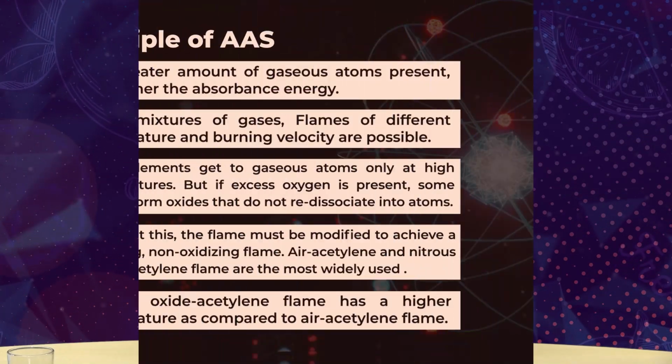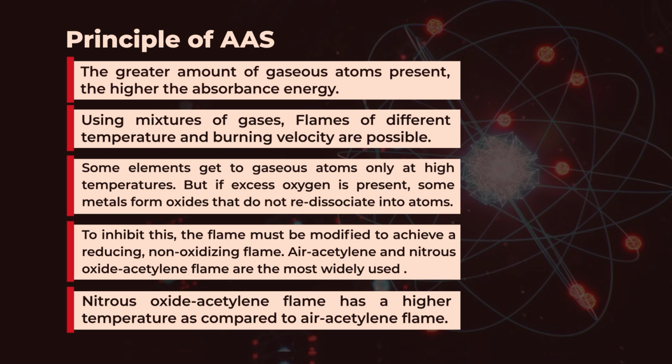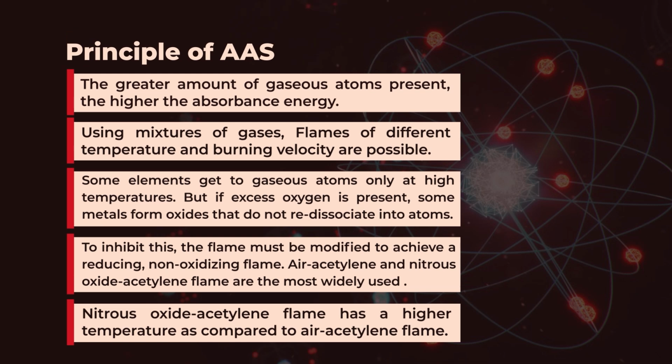So in those cases, the flames are not of one gas. It is always with the reducing gas. And what is the reducing gas? Acetylene gas. So we have a mixture, air acetylene burning, nitrous oxide acetylene burning. With an increase of nitrous oxide, you can achieve higher temperature. A nitrous oxide acetylene flame has a higher temperature as compared to an air acetylene flame.